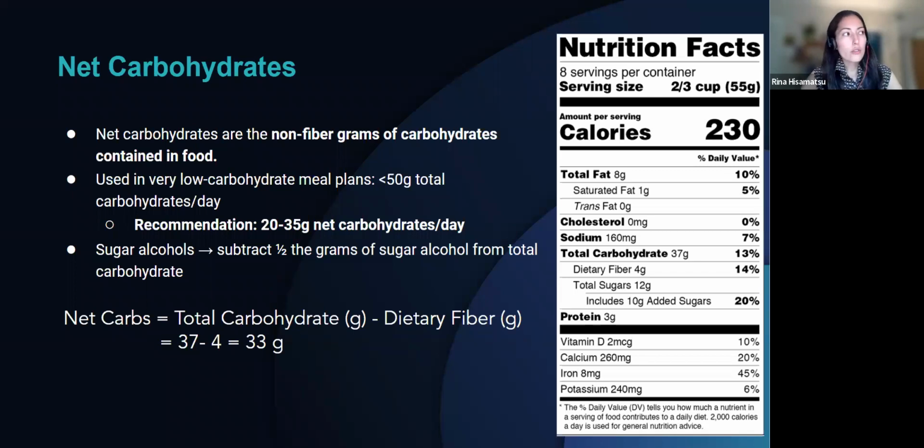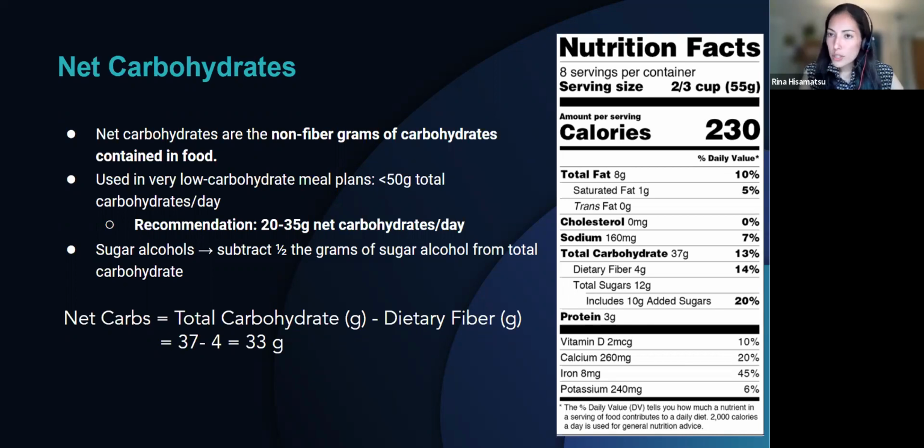All righty. So next, I wanted to touch on net carbohydrates. So net carbohydrates are defined as the non-fiber grams of carbohydrates contained in food. So we get asked a lot whether or not we count net carbohydrates versus total carbohydrates.